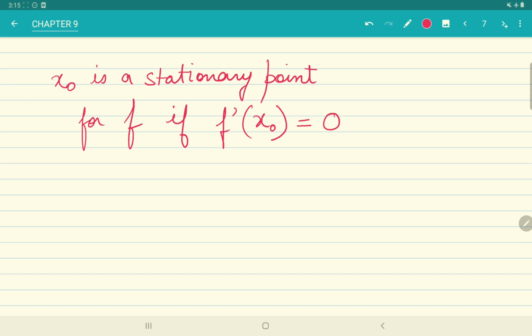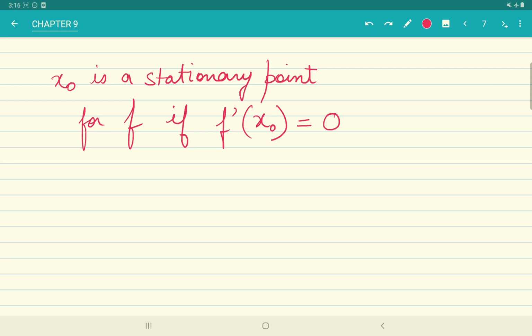is equal to 0. So think about it this way: when I say x naught is a stationary point, that means the function f is not changing at x naught, and that just means that f prime of x naught is equal to 0. Geometrically, stationary points occur where the tangent to the graph of the function is parallel to the x-axis. So if there is an infinitesimal change in x, we don't see any change in y.